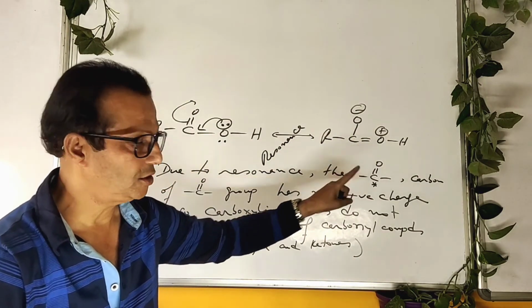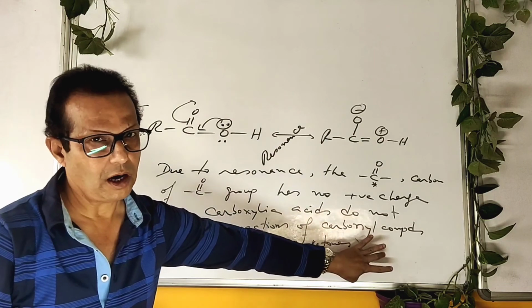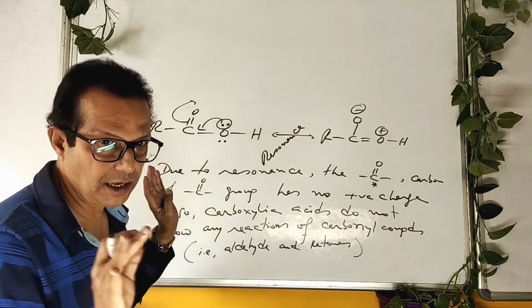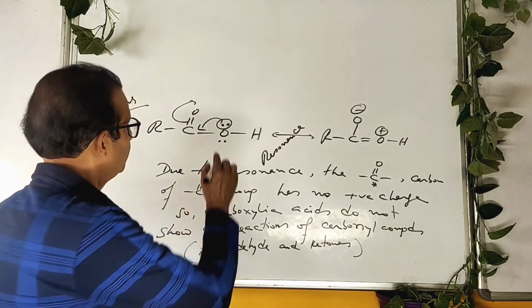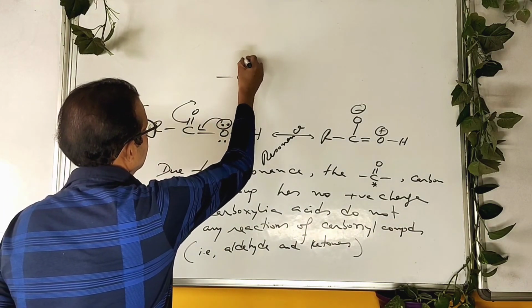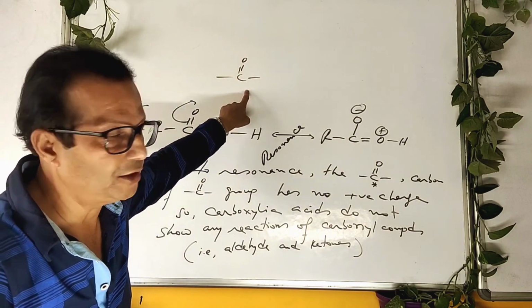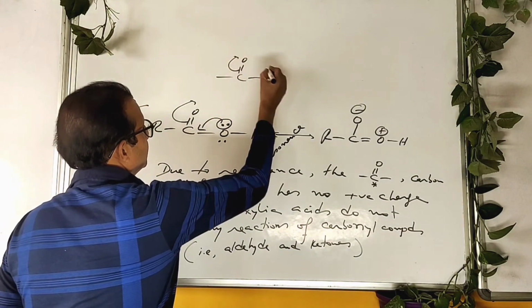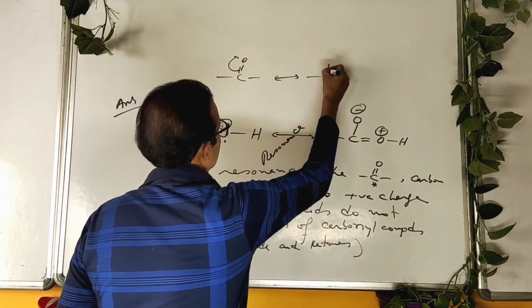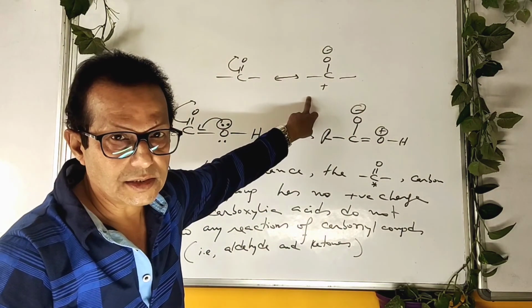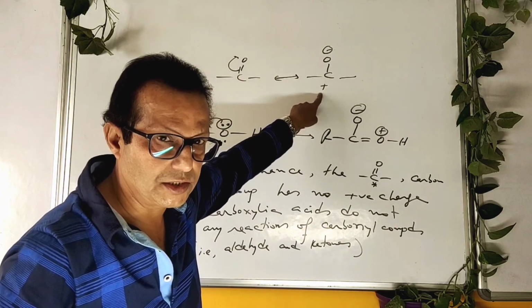For you, listen, I repeat. This is the keto group or carbonyl group present in aldehydes and ketones. Due to resonance, the carbon becomes positively charged.